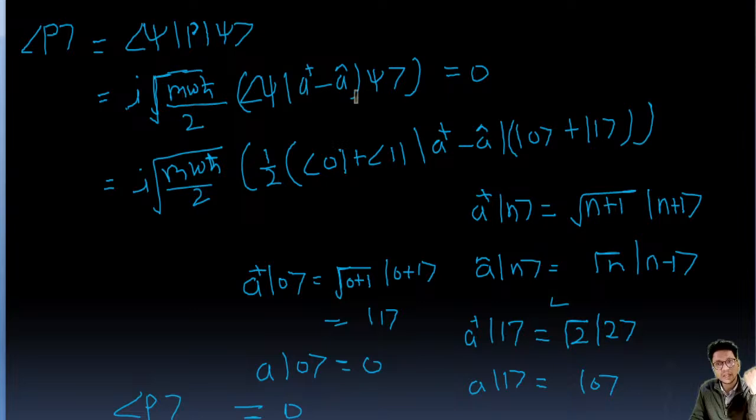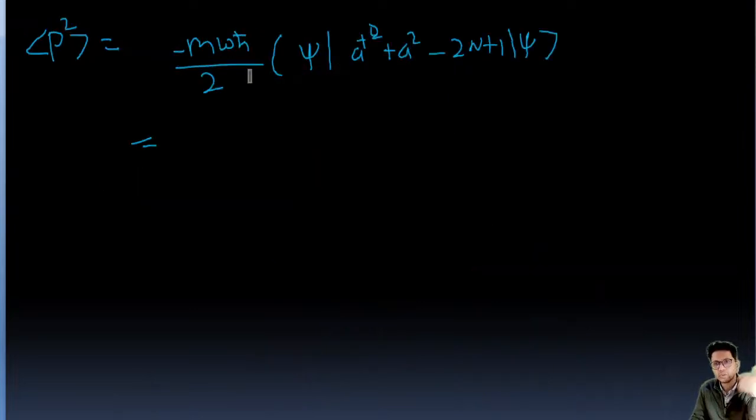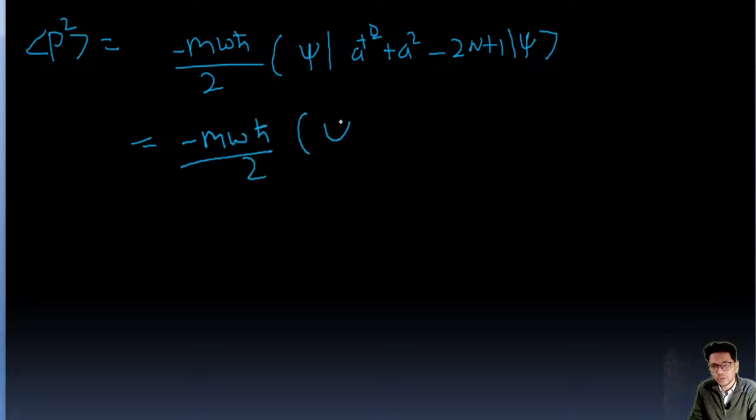So similarly, a square plus a dagger square is also going to give value 0. So it is going to be minus m omega h cut by 2, this will be psi into 2, and minus minus will get plus, 2n plus 1, 2n plus 1 psi.